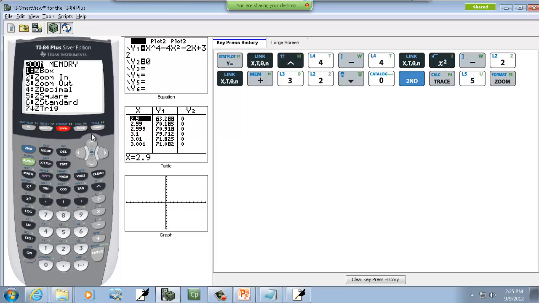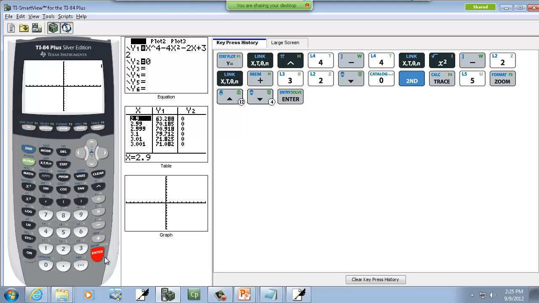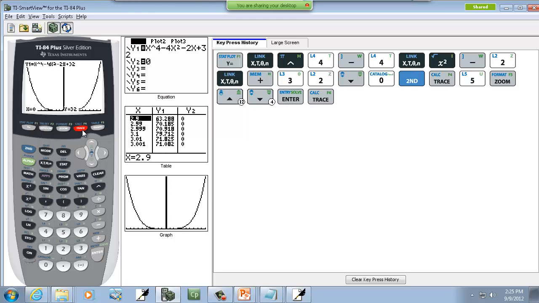Let me choose zoom. Sometimes this gives me a good view, sometimes not. There it is, zoom fit. This tries to give you a picture of where exactly the graph is. Okay, so it's up there. Now if I press trace, 0.32.